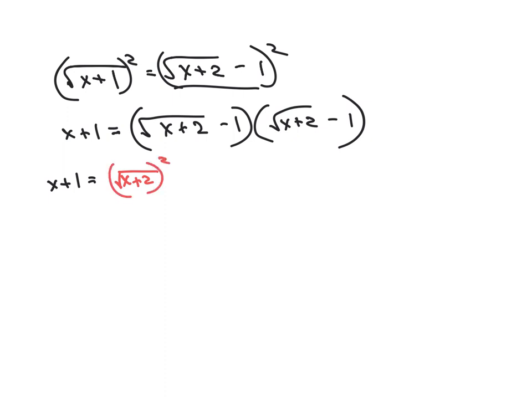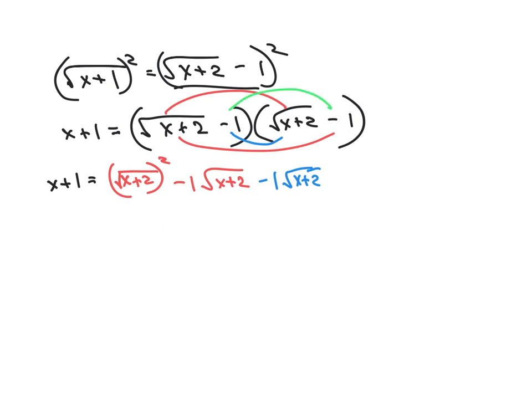Okay, that's our first. Now our outside, minus 1 square root of x plus 2. And then our inside, minus 1 square root of x plus 2. And then our last, plus 1.